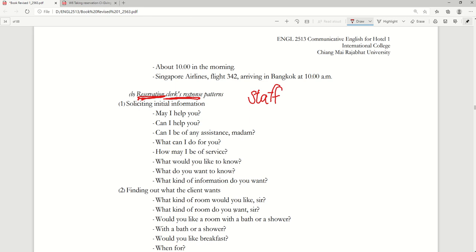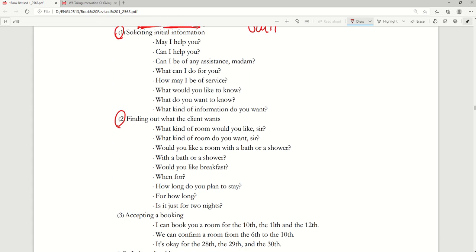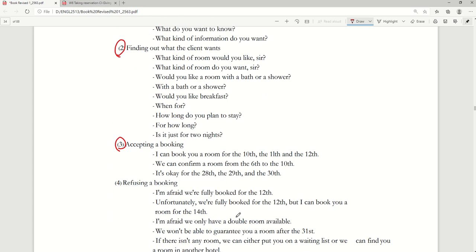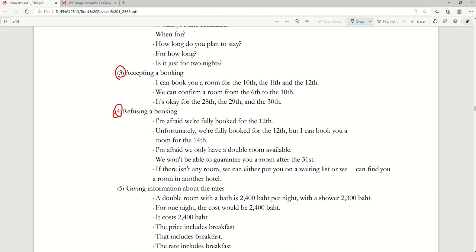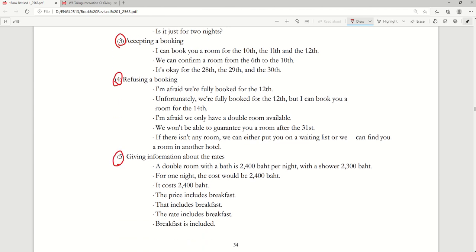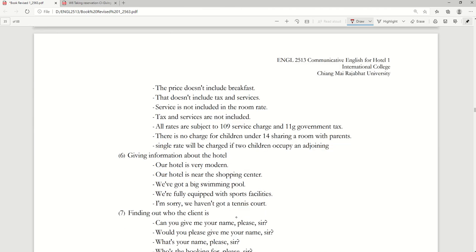And they are separated clearly for you in different situations. So those are very useful for you. Okay.